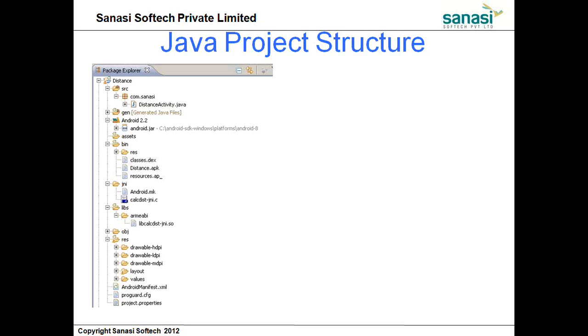But when you are building native applications, you need to have not just the SDK but also the NDK installed. So one of the tools inside the NDK is ndk-build. When you specify this particular project as the input to the ndk-build tool, it is going to generate what are called .so files.